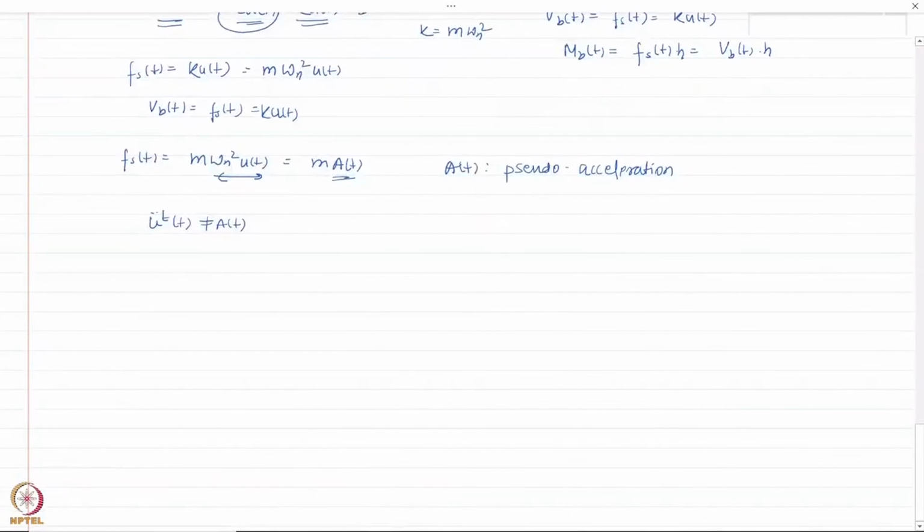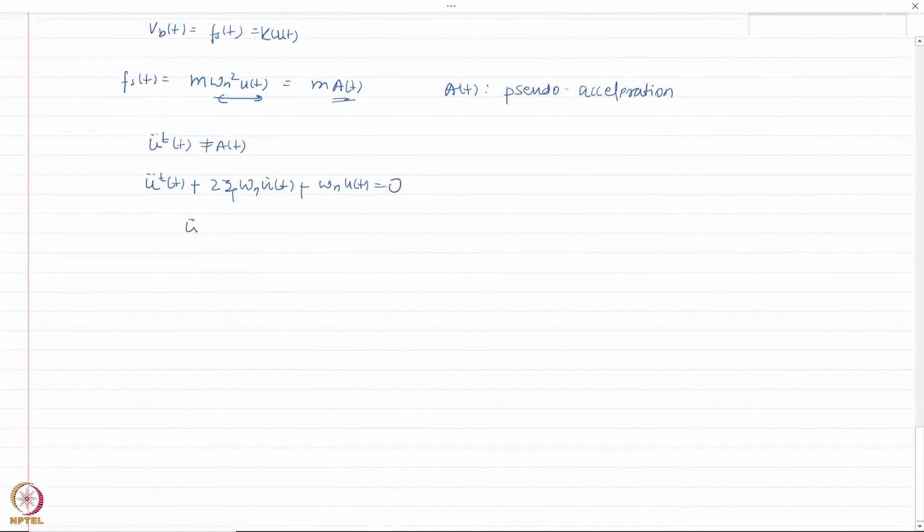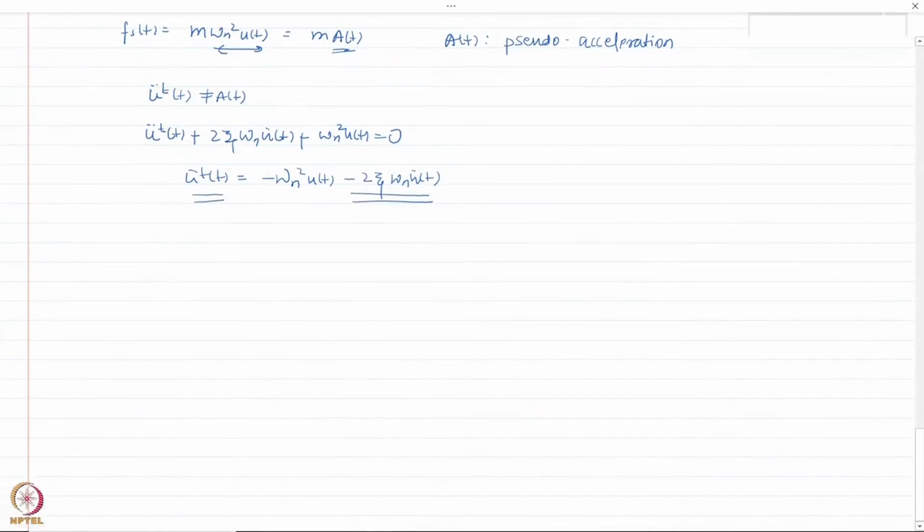If I write it in terms of total acceleration, my equation of motion becomes u double dot t plus 2 zeta omega n u dot plus omega n square u of t equals zero, and my total acceleration is minus omega n square u of t, which is the a of t here, minus 2 zeta omega n u dot of t. So I have this term here which differentiates the total acceleration from the pseudo acceleration.